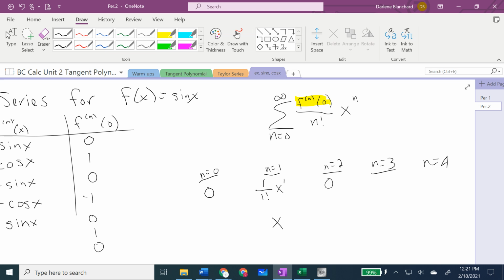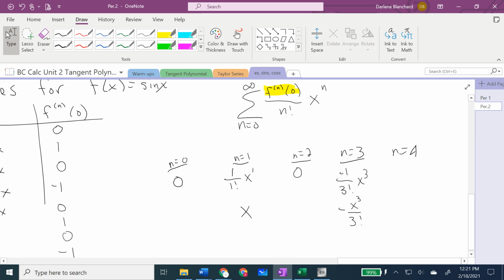When n is equal to 3, my highlighted nth derivative at 0 is -1. And then I finish the formula with my 3 divided by 3 factorial times x to the power of 3. And then I'm going to nicely write it as negative x cubed over 3 factorial. When n equals 4, how about we just don't bother?